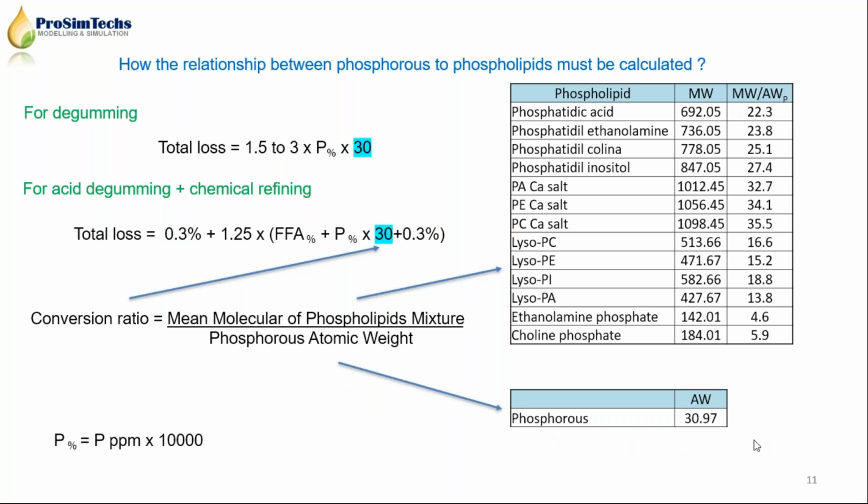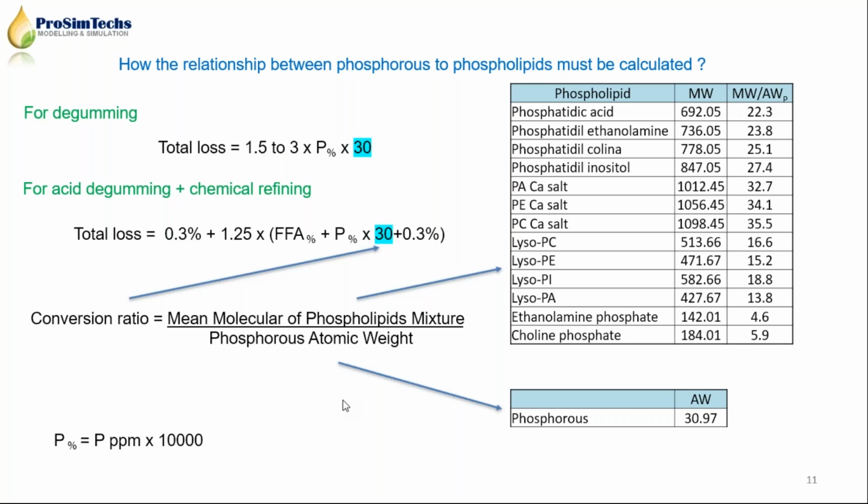The phosphorus atomic weight I have put here is about 31. So I would say that 30 is a high value to use for process performance, since it overestimates the actual performance that we should really have, or should really test. In some cases, this overestimation is about 20% high.